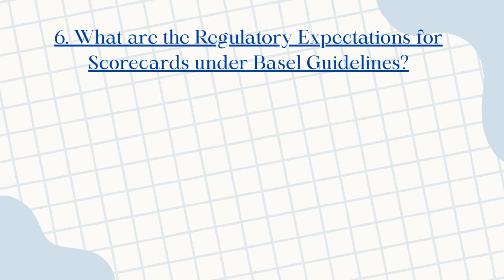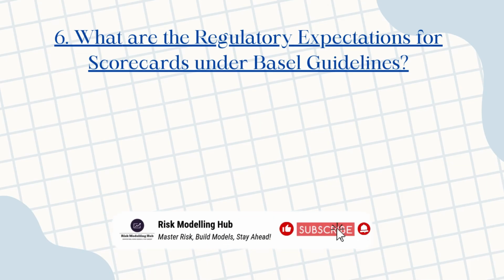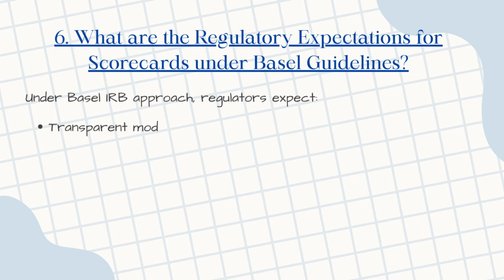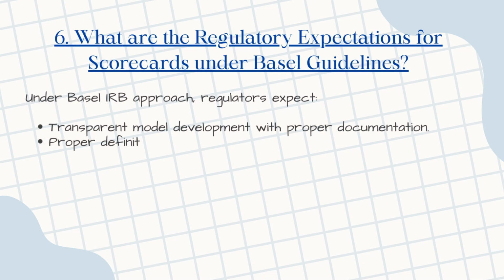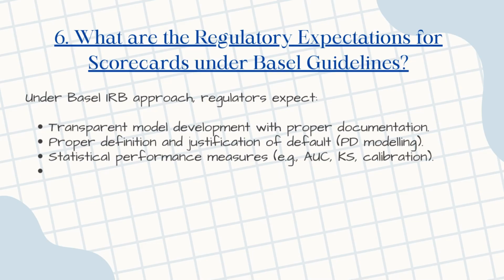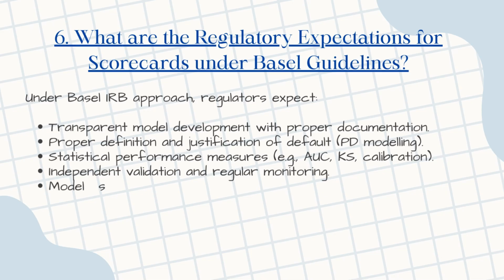They are testing if you can build or validate models that are compliant with Basel IRB, RBI, EBA or internal risk frameworks. So under Basel IRB approach, regulators expect transparent model development with proper documentation, proper definition and justification of default, that is PD modeling, statistical performance measures such as AUC, KS test, calibration test, independent validation and regular monitoring.